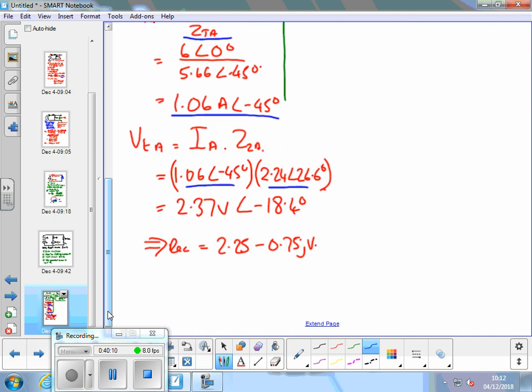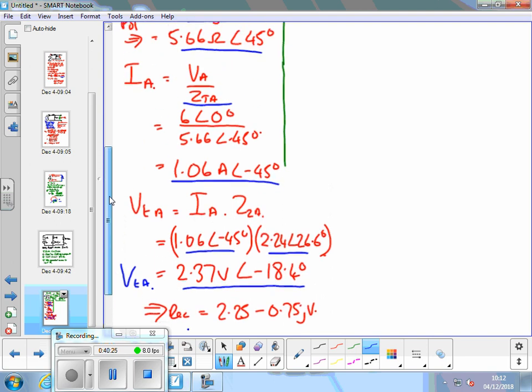So I converted it, and I get that as my circuit for V Thevenin's A, and I want it in rectangular form, so eventually I can add them together.